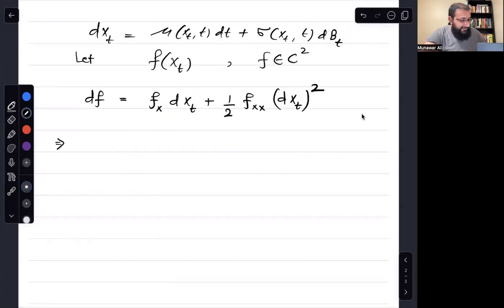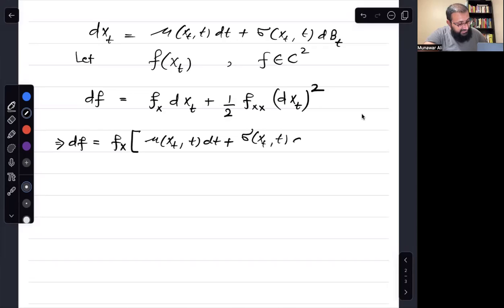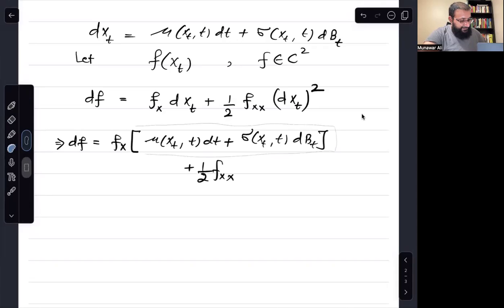So it will give me fx, and dXt is mu of Xt, t dt plus sigma of Xt, t dBt, plus 1/2 fxx dXt squared. It means I'll write dXt and I'll simply square it. So what am I doing? I'm just copying this one.